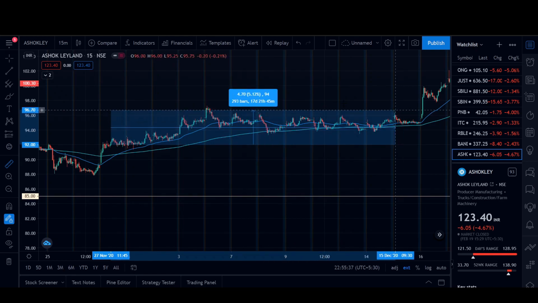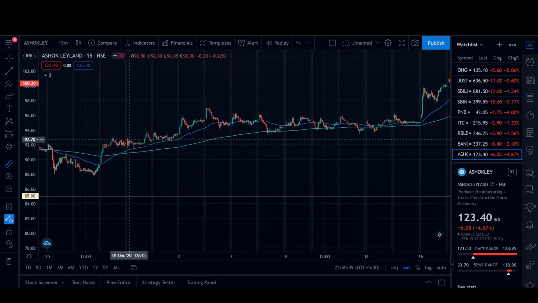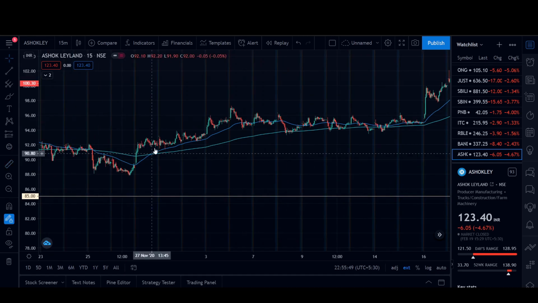So this trading strategy of the 200 and the 50 EMA is to be used mostly for swing traders. Intraday traders can use it too, but the 200 and the 50 EMA crossover is preferred for swing trades. So we buy it here at 92, sell it at 96, 97.